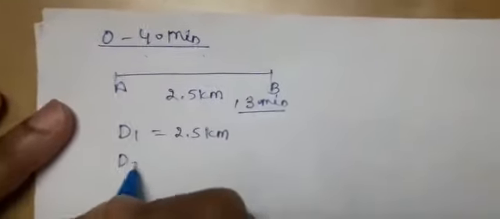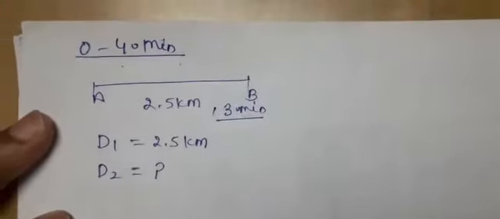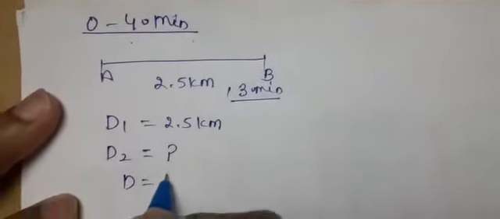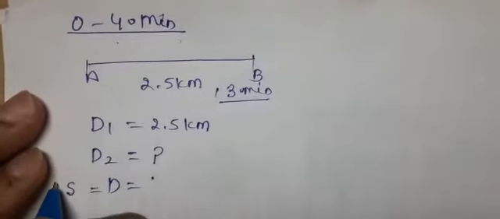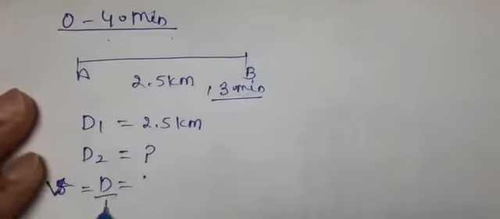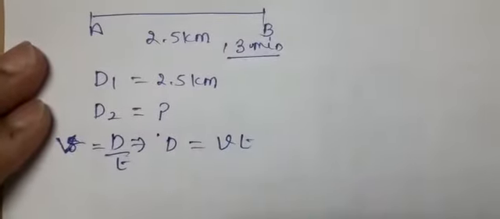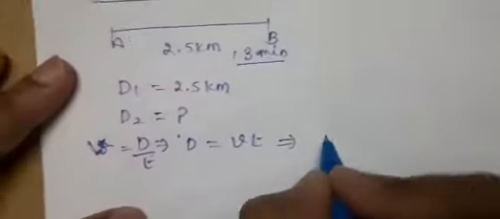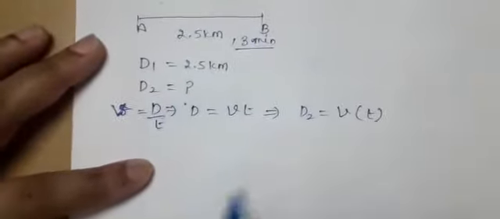Now distance covered in the next 10 minutes, you have to calculate. See, speed or velocity is equal to distance upon time. Now from here, distance is equal to velocity into time. So if you want to calculate d2, this will be velocity multiplied by time.